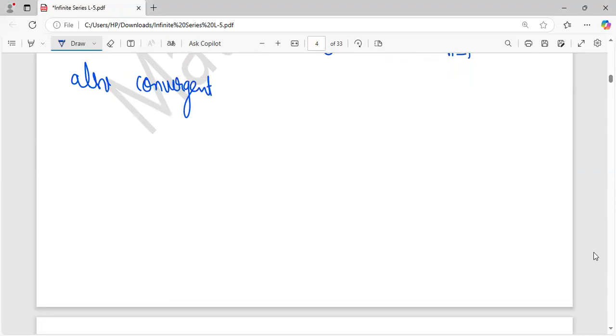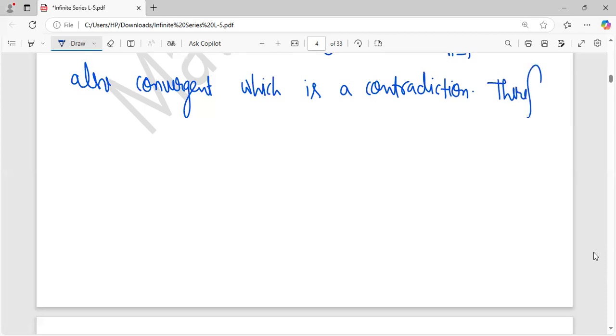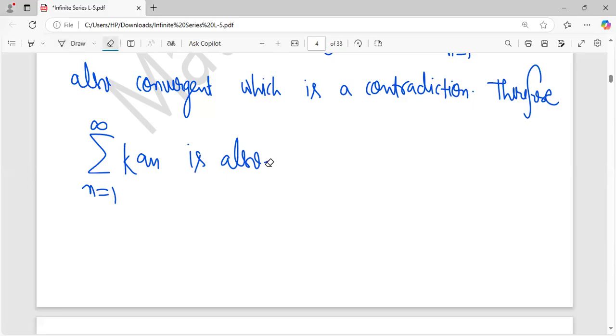But this is a contradiction, because we have assumed in the first statement that the series is divergent. Therefore, this implies summation n goes from 1 to infinity k times a n is also divergent.